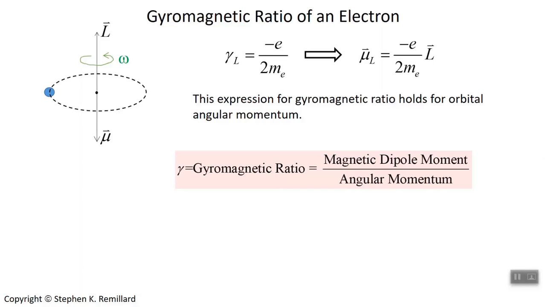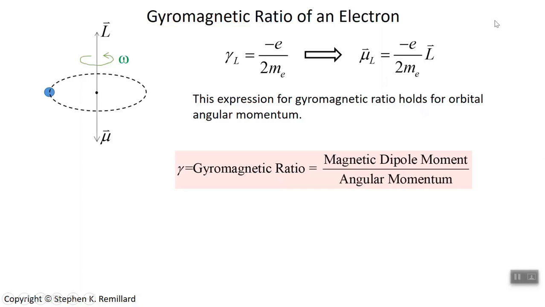Now, because the electron is negatively charged, its angular momentum vector and magnetic dipole moment vector will point in opposite directions. And the gyromagnetic ratio, being charge over twice the mass, then is minus e over twice the mass. By the definition of what gyromagnetic ratio is, magnetic dipole moment over angular momentum, then we can surmise that the magnetic dipole moment of this revolving electron must be minus e over 2m times its angular momentum.